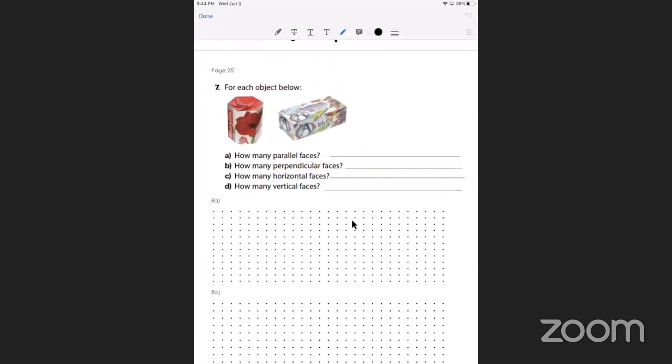Well, this is a hexagonal prism, and this is a rectangular prism, so that's going to help us a lot. Okay.